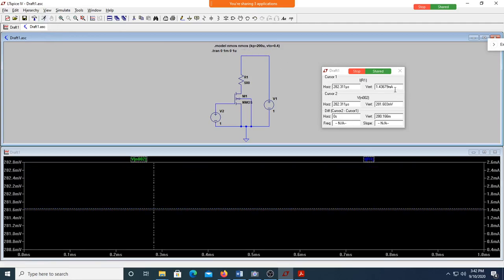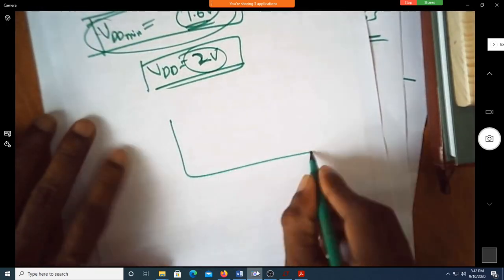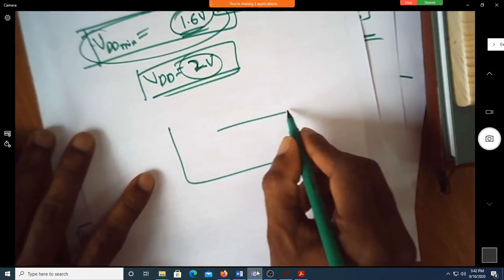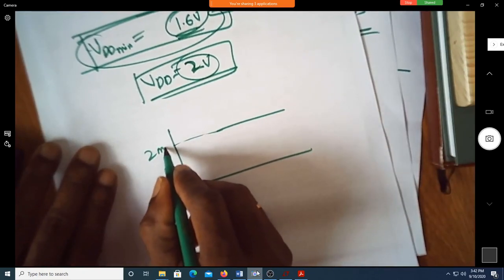See the current. Current is no more at 2 milliampere. How much is the current? It is 1.46. And you can see the voltage, VDS is not even at least 0.6. It is 281 millivolts. If the MOSFET were operating in the saturation region, this would have been 2 milliampere.